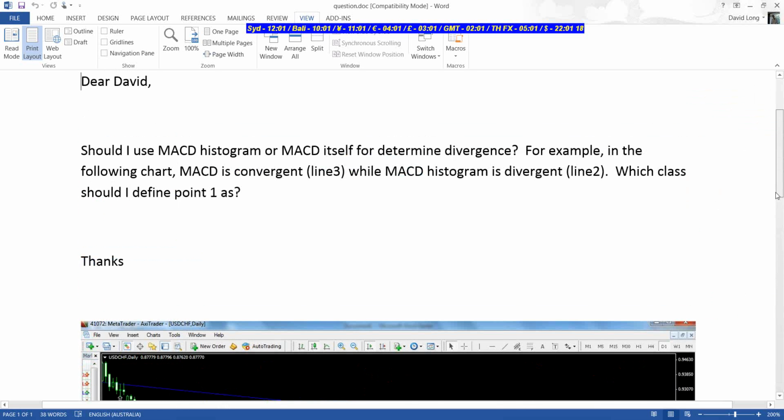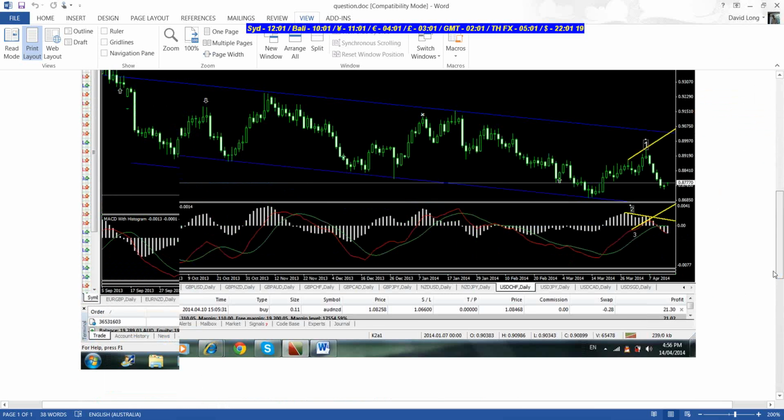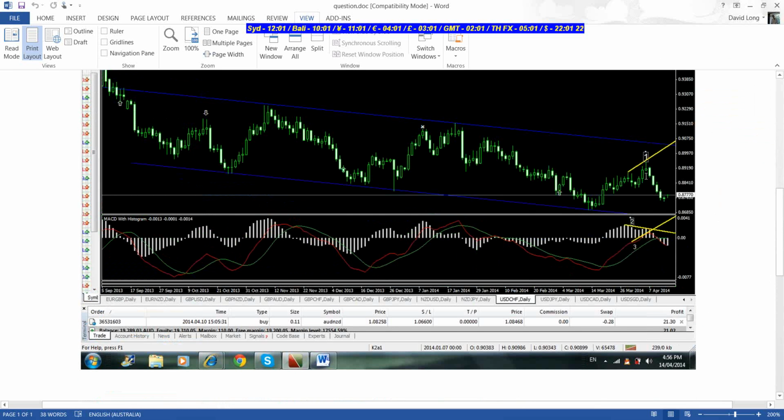The question is, which divergence do you use? If you're trying to see this divergence, you'd be looking at the histogram. You tend to look from cycle to cycle, using the lines. So here we can see from this high to this high, we've got this red line, and your red line here.